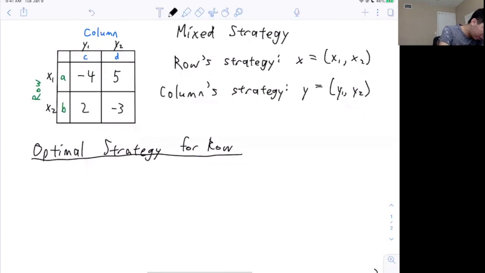So in other words, you want to find x1 and x2 that maximizes.